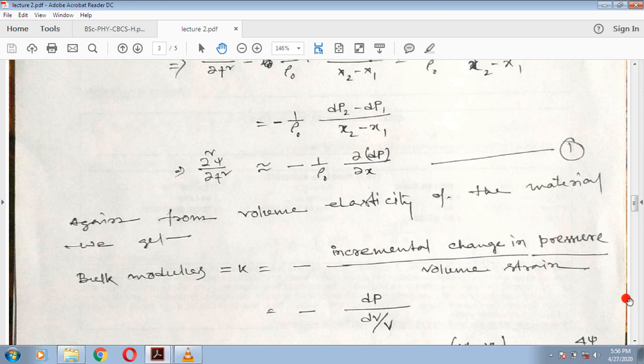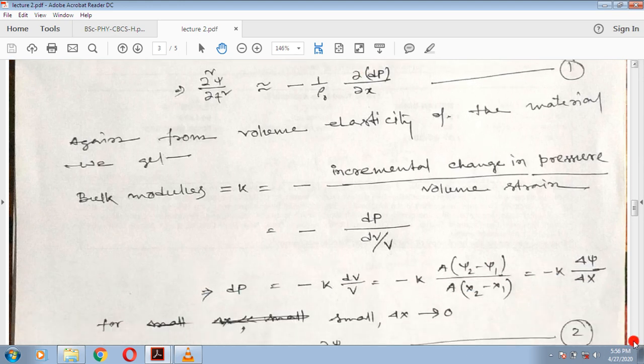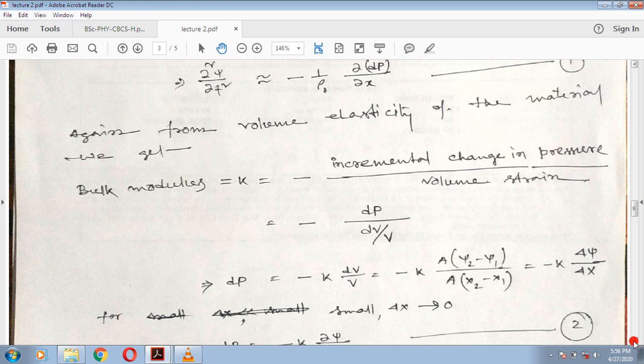Again, from volume elasticity of material, we know the bulk modulus, which is denoted by K, is equal to minus incremental change in pressure by volume strain. Here the minus sign is because when pressure increases, volume decreases, and when pressure decreases, volume increases.